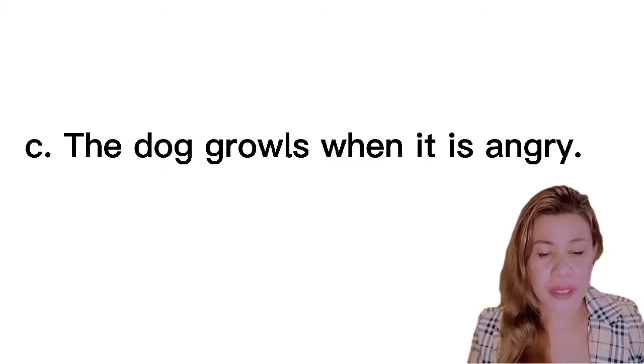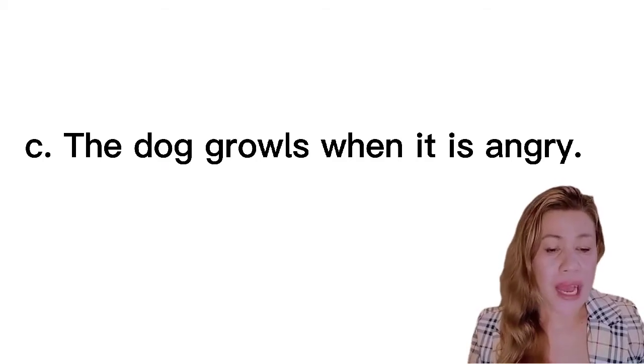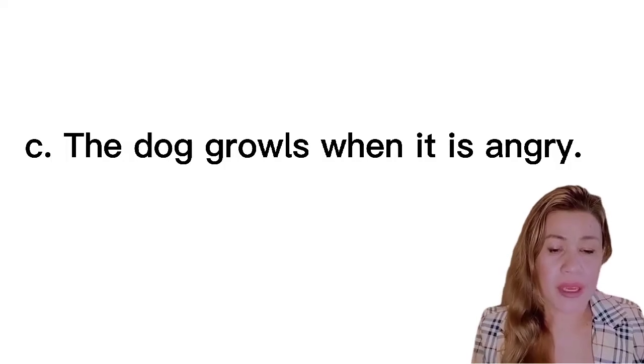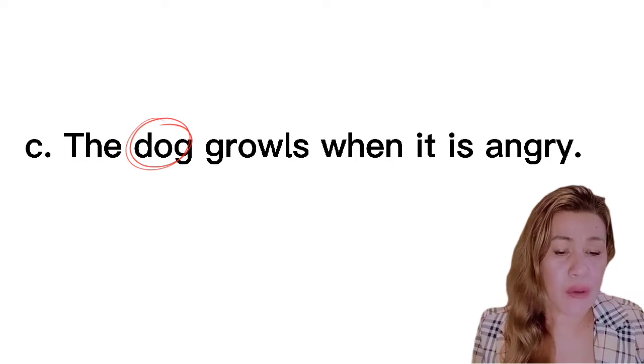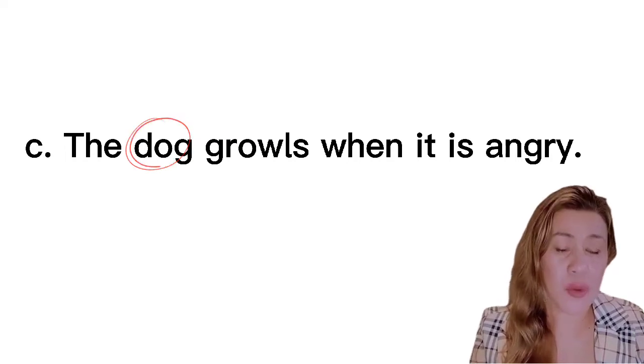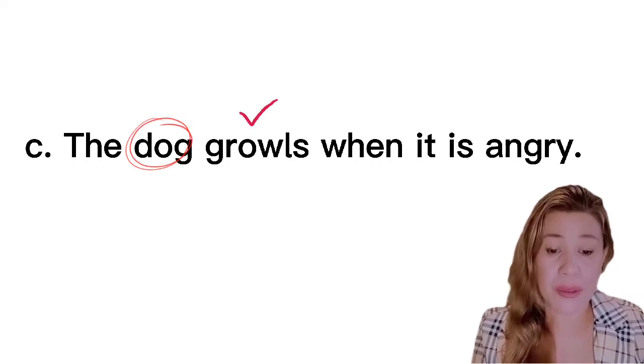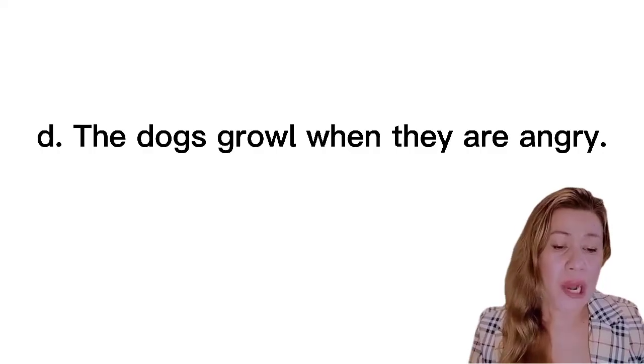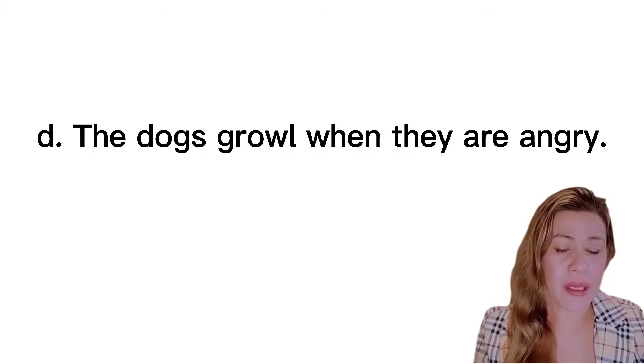Moving on to letter C. The dog growls when it is angry. Our subject here is dog. It's singular, and therefore, our verb must have S. So that's why you have growls. Okay? And the last example, the dogs growl when they are angry.